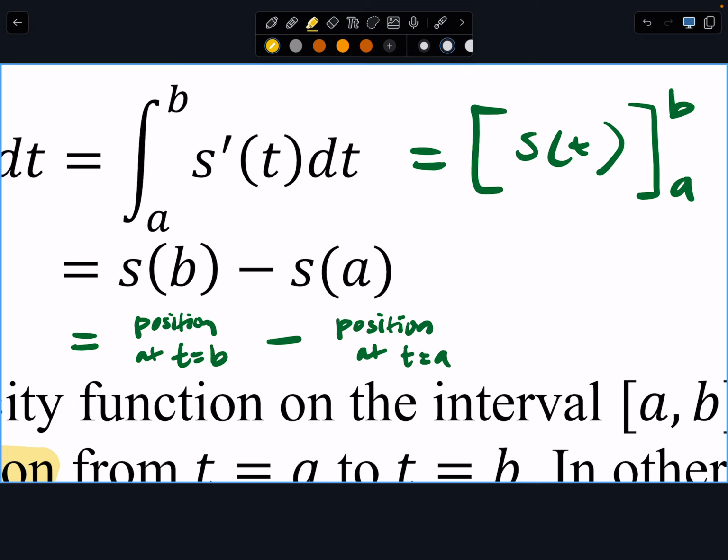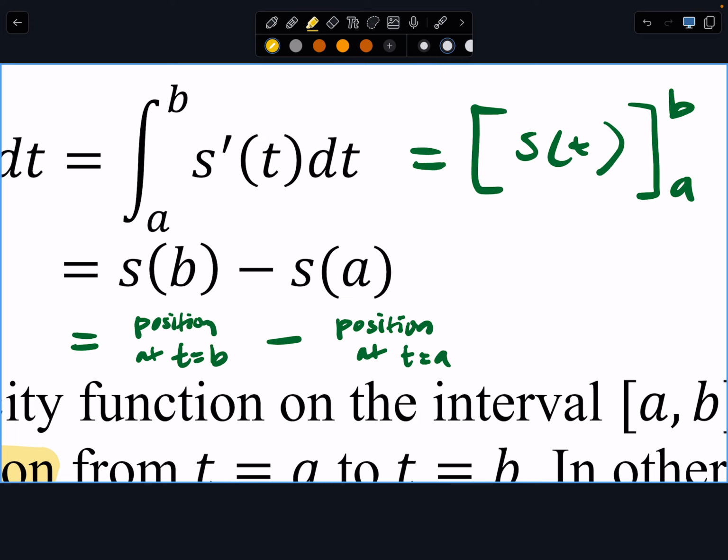just some positive function, I'm going to call this function v of t. And we're focusing in on the interval between a and b. The area here would represent the displacement, right? Because it would be equal to the definite integral from a to b of v of t dt.